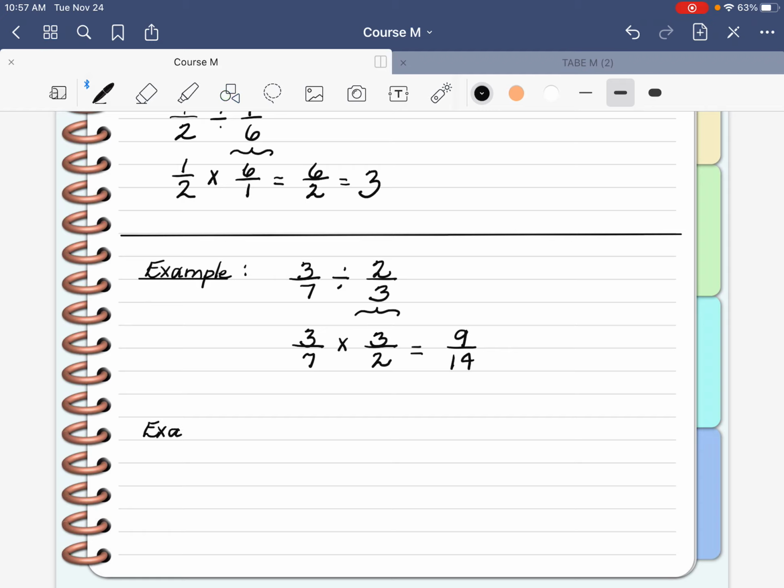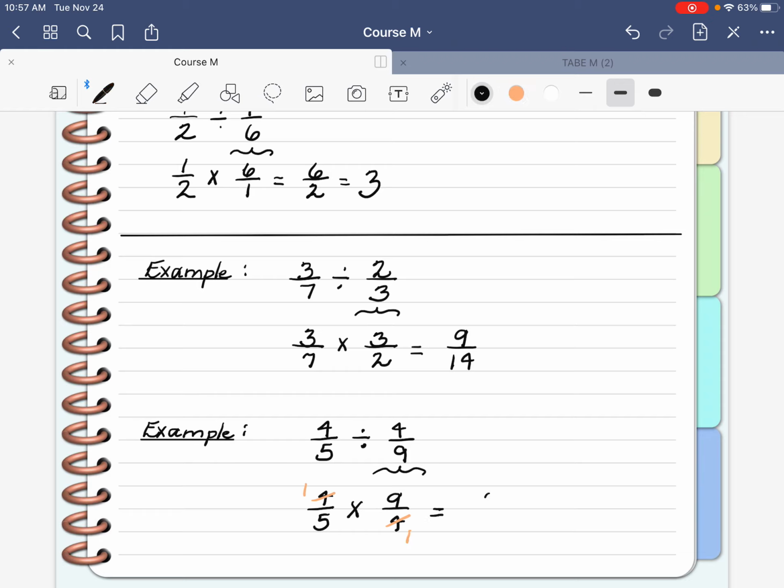Here's another example. 4/5 divided by 4/9. There are no mixed numbers, there are no whole numbers. So we go directly to flipping the fraction that follows. And we multiply. I can cancel those 4's down to 1's.